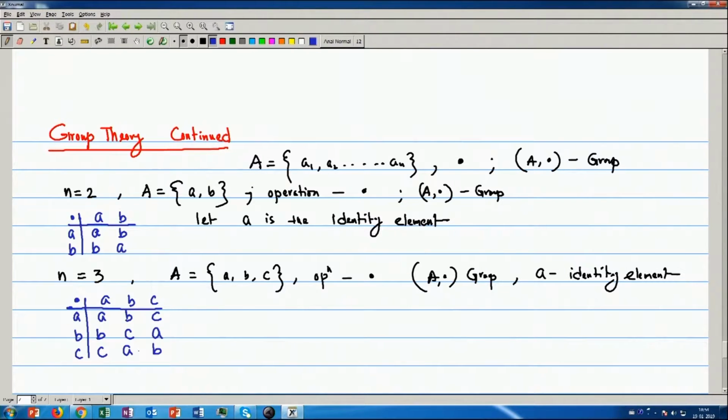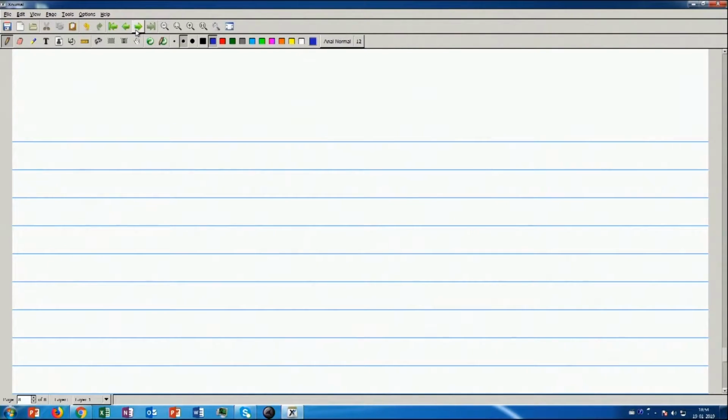Okay. Now, we read one example of a group.